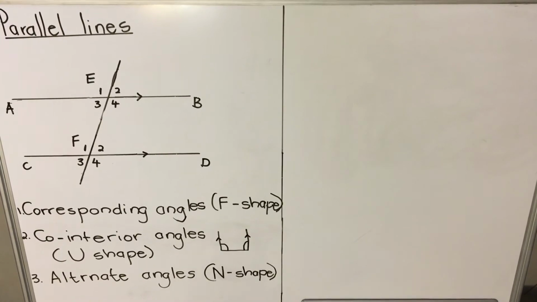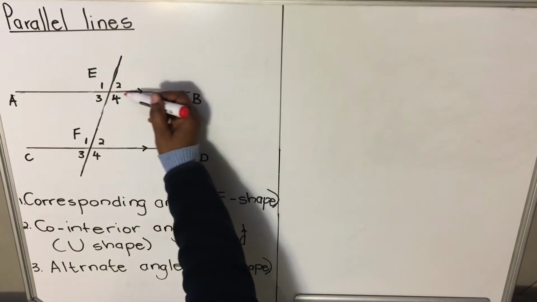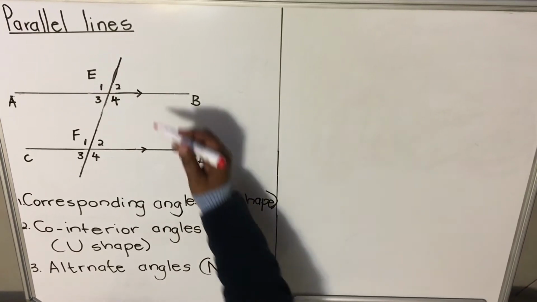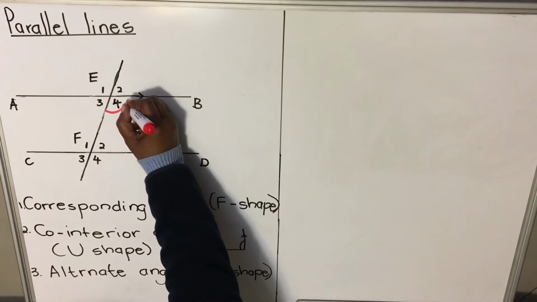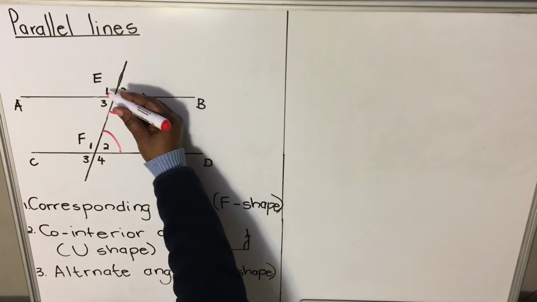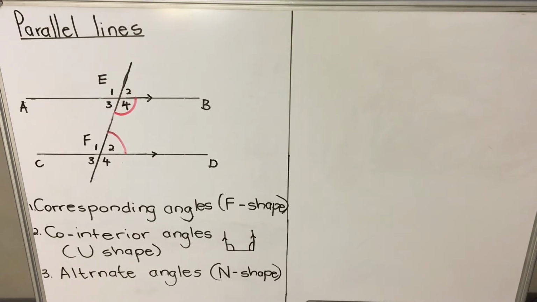Okay, let's look at our diagram and see which angles are co-interior. Now these are my parallel lines. You remember you have to look for the angles that are between the parallel lines. So this is a parallel line, this is another. The co-interior angles, the ones that are inside, are this one. So it's E4 and F2, they are not equal.